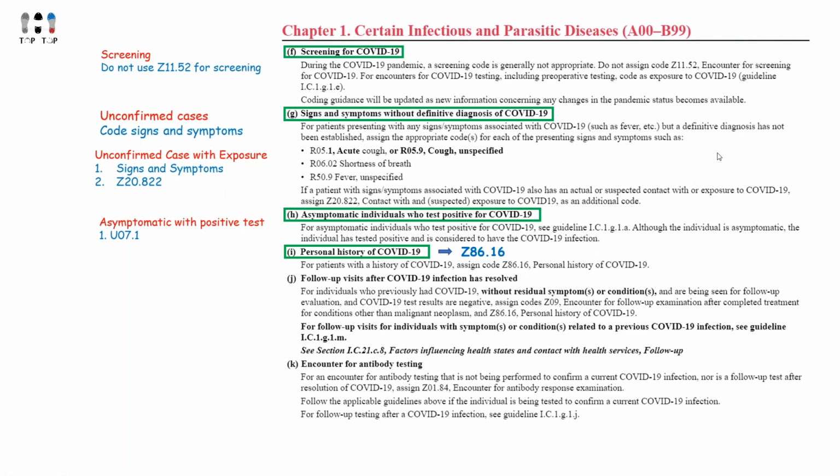That means a patient had COVID previously, and they could have a circumstance. So here their follow-up after COVID-19 infection has been resolved, Z09, and then Z86.16. All right, so Z09 follow up after resolved COVID-19, Z09.